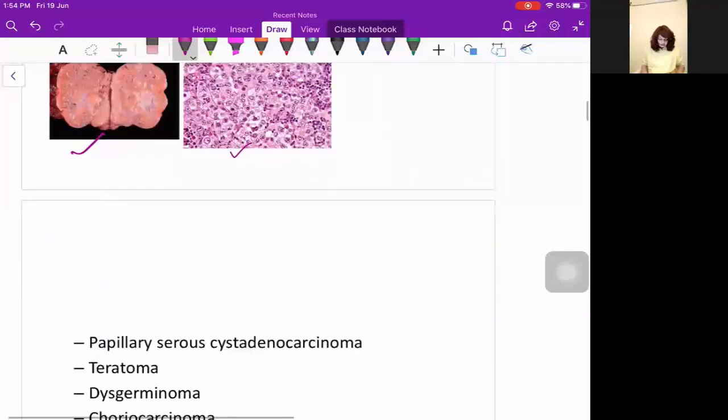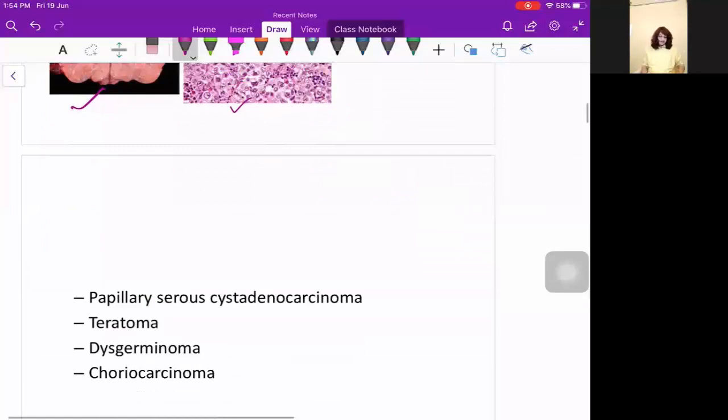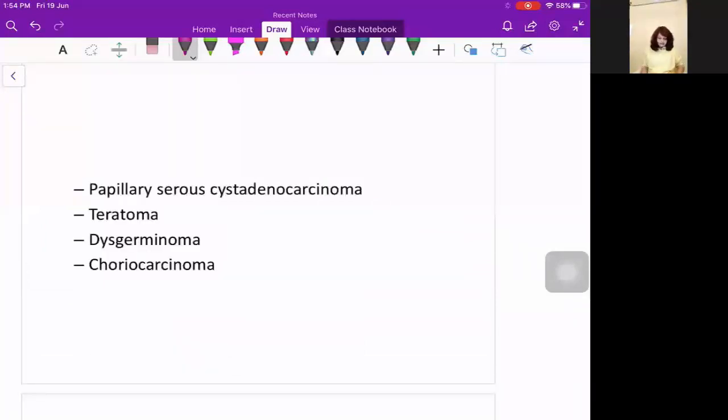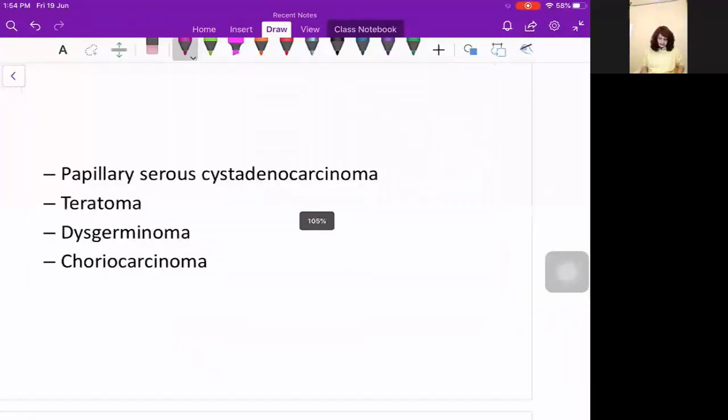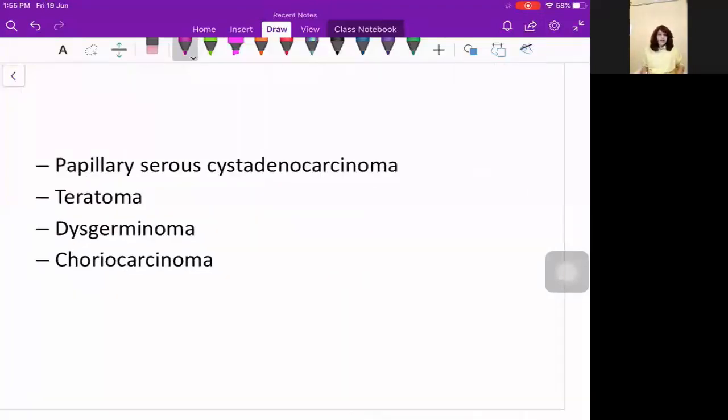Okay. So there are 4 options given: papillary serous cystadenocarcinoma, teratoma, dysgerminoma, or choriocarcinoma. Fine. So LDH is elevated and CA-125 is slightly elevated in this case.